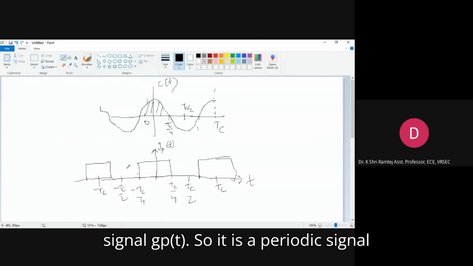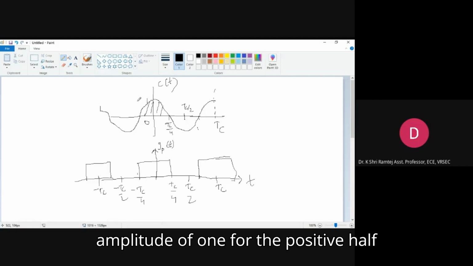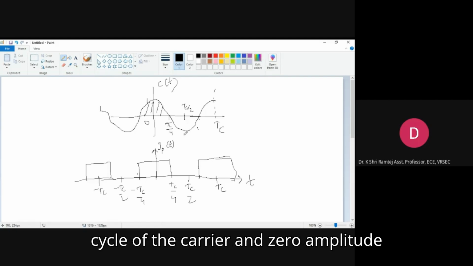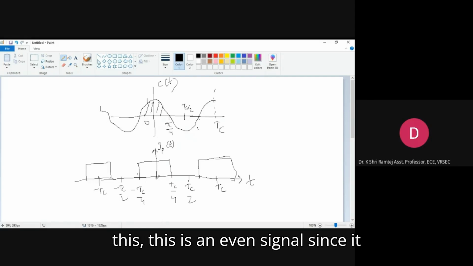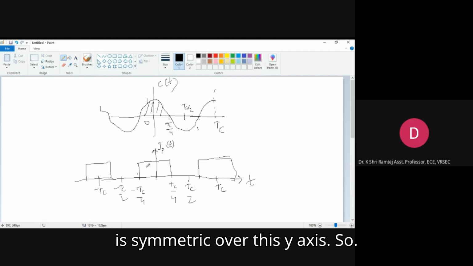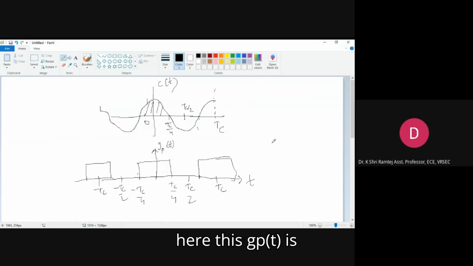It is a periodic signal with an amplitude of 1 for the positive half cycle of the carrier and 0 amplitude for the negative half cycle of the carrier. Now if you observe this, it is an even signal since it is symmetric about the y-axis. For positive values and for negative values, the amplitude is the same. So here Gp of t is an even signal.